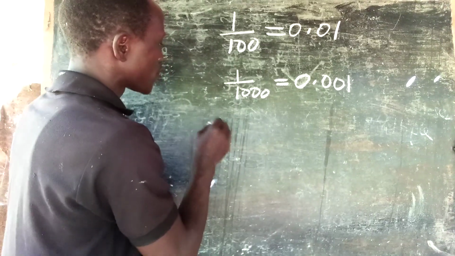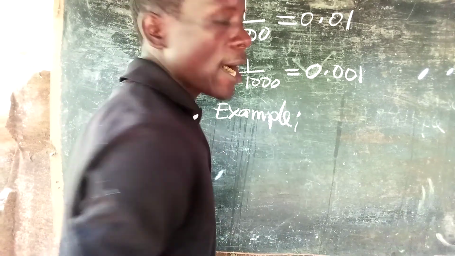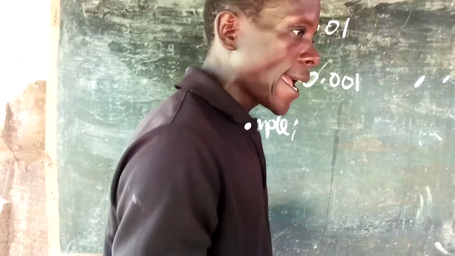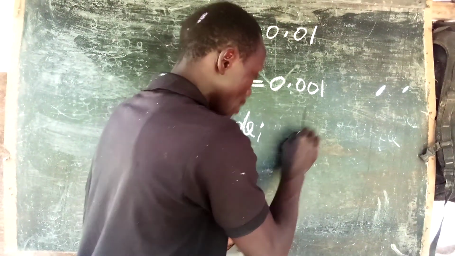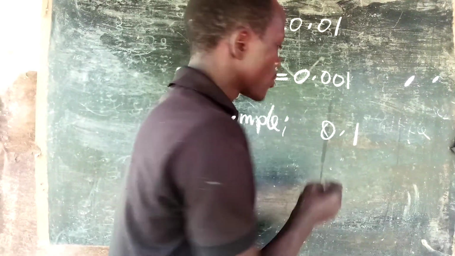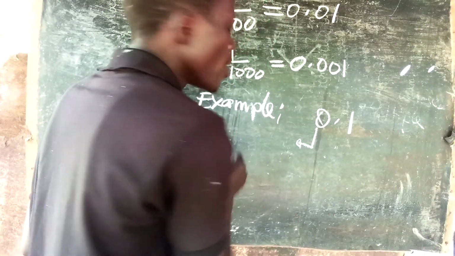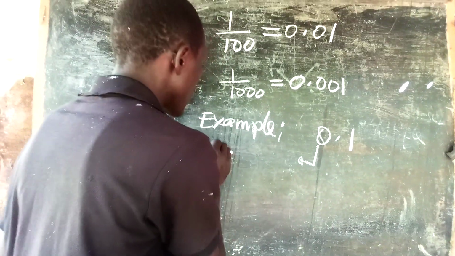For example, consider this example. How can I read this? How can I identify this? For example, it is 0.1. What is this? The 0 is called the whole number part.